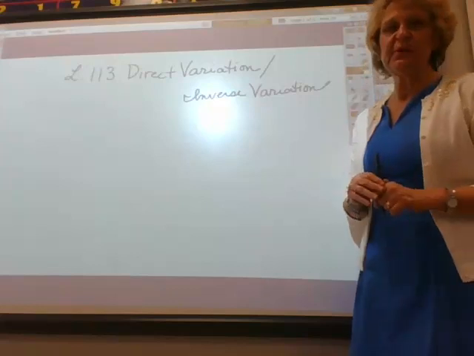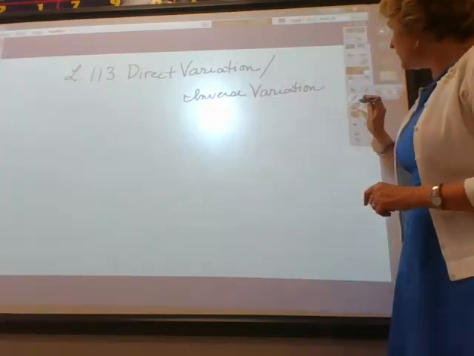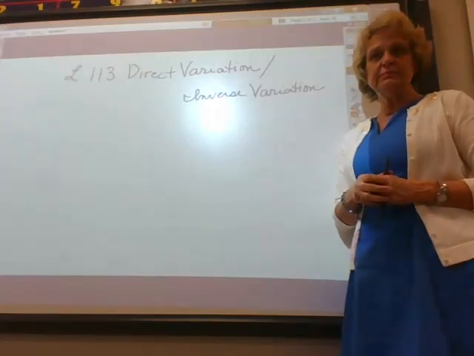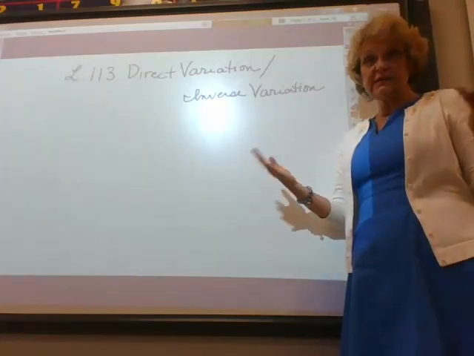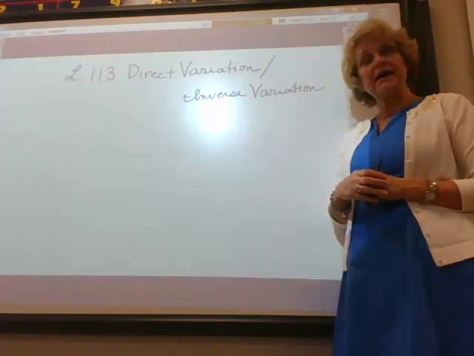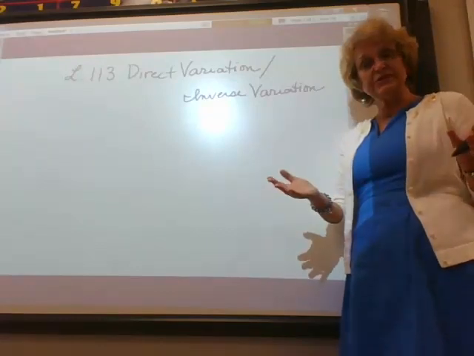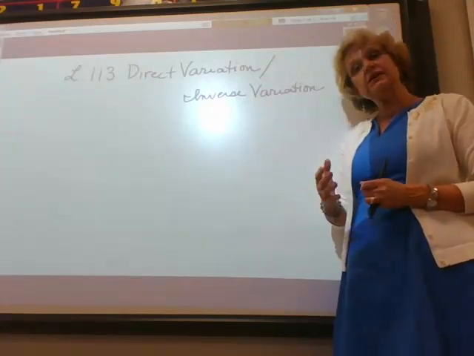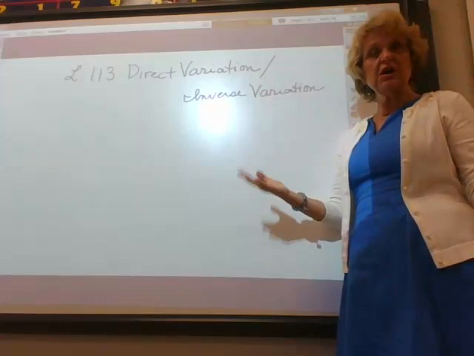Direct variation problems are ones like, if you buy a DVD, and they're $20 a piece, and if you buy 5 of them, you've spent $100. Or if you mow a lawn, and you charge $20 times 3 yards, you've made $60.